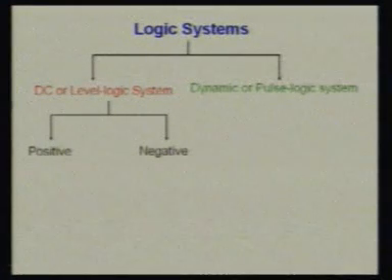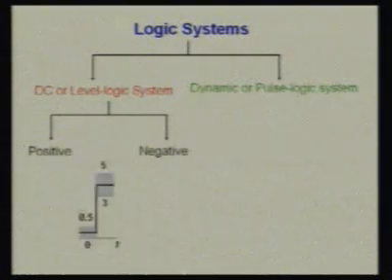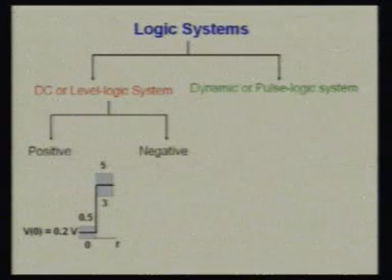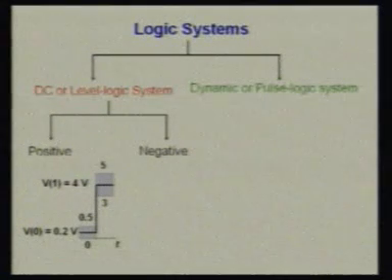In a DC system, we have signals in DC form, in voltage form, and we recognize the states by two different voltage levels. So we have a 0 state and a 1 state. The 0 state is recognized by the lower voltage, and the 1 state is recognized by the higher voltage in a positive DC logic system.